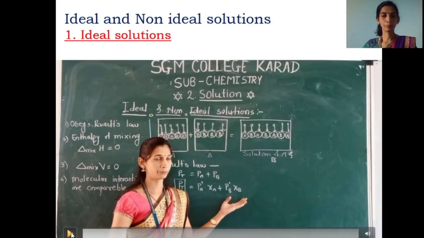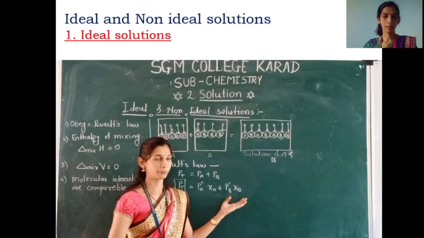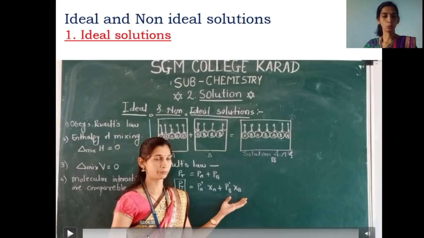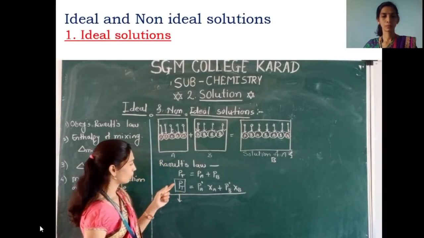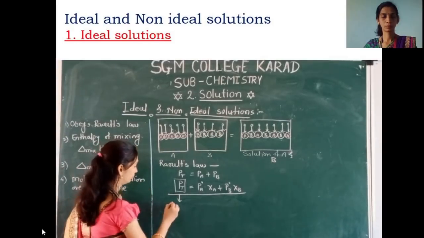In our textbook, they write 1 for liquid A and 2 for liquid B. This is the experimental value.